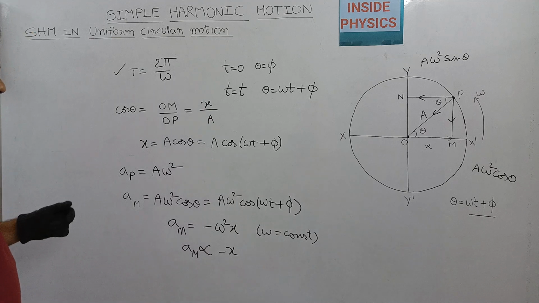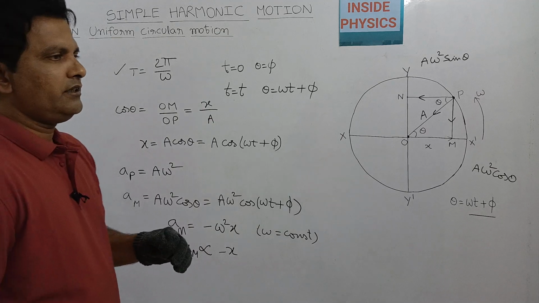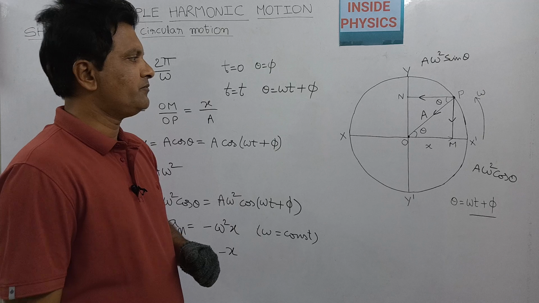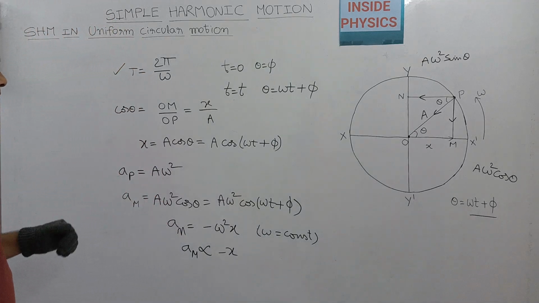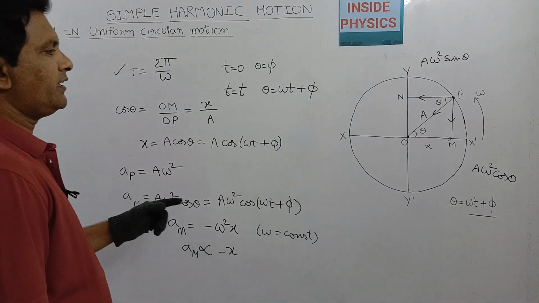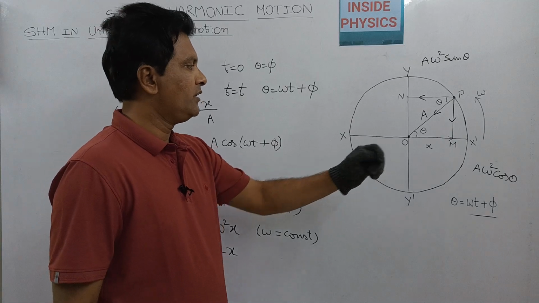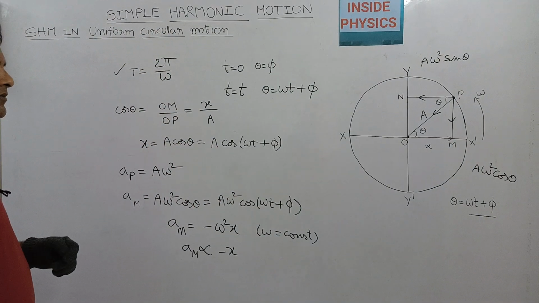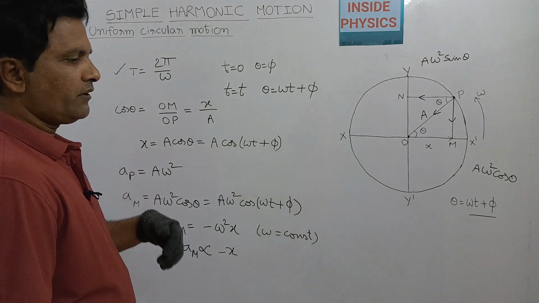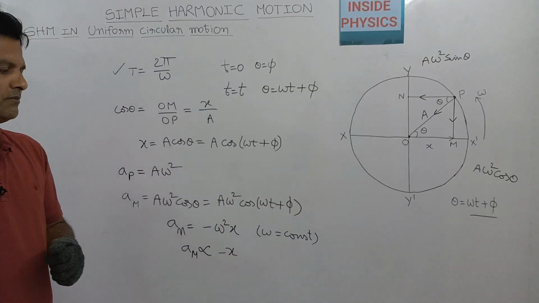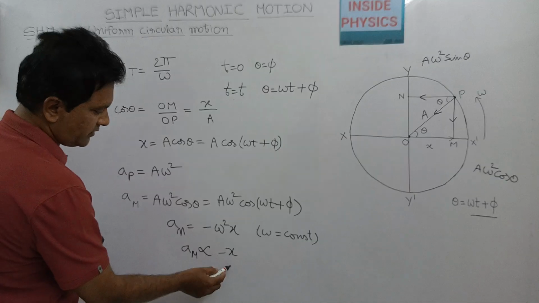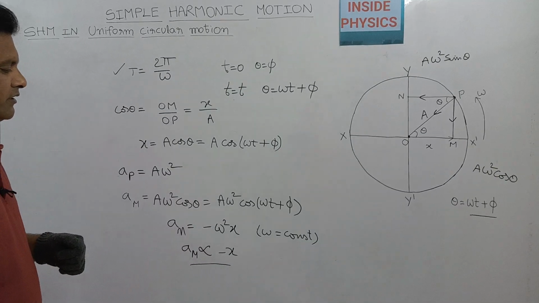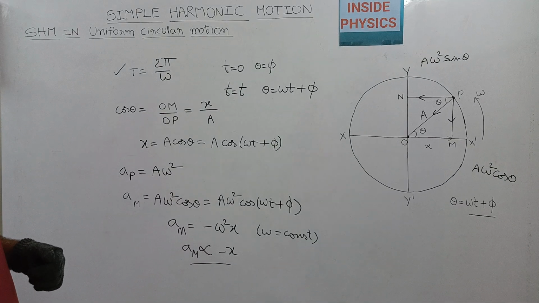After that, the second condition, which is the actual definition of SHM: the acceleration of the projection must be directed towards the mean position, directly proportional to the displacement, and in the opposite direction of the displacement. Everything is satisfied here regarding simple harmonic motion.